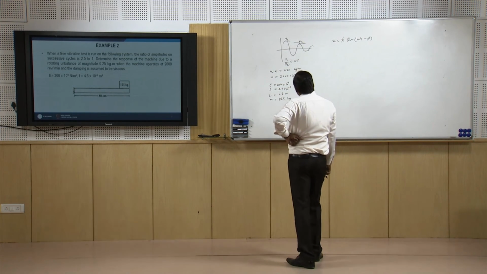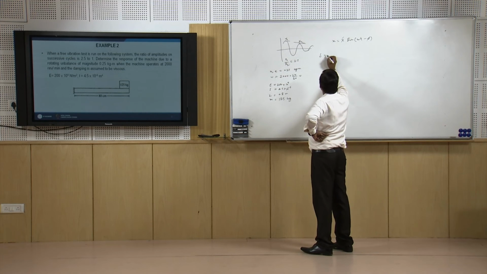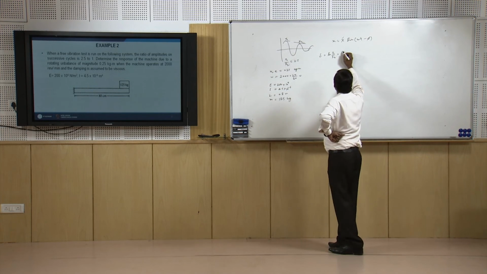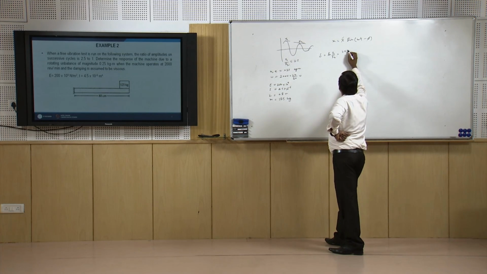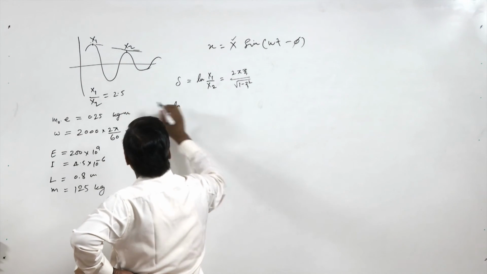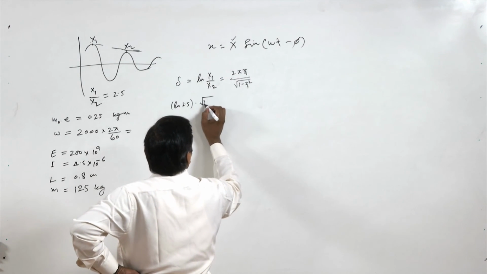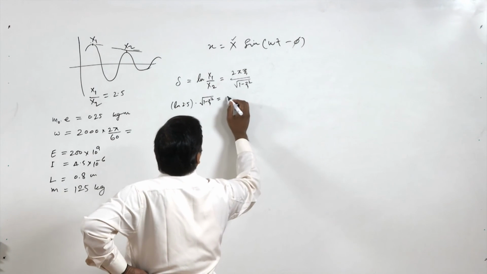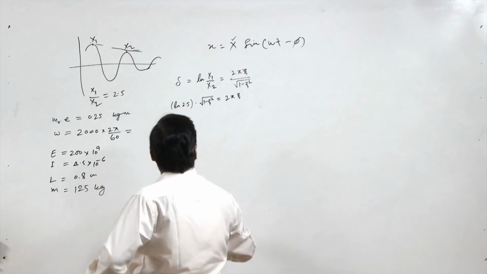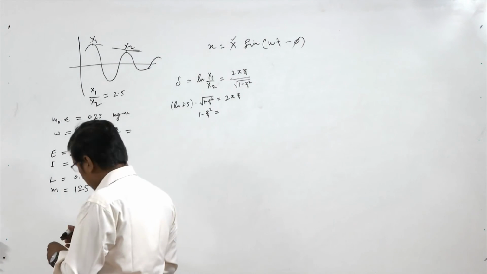To find the response, let's first find the damping, because we know that the logarithmic decrement delta equals ln x1 by x2, and that is equal to 2 pi zeta upon root of 1 minus zeta square. So ln of x1 by x2 is 2.5, so ln 2.5 into root of 1 minus zeta square equals 2 pi zeta. So we can find 1 minus zeta square equal to, so let's calculate this.